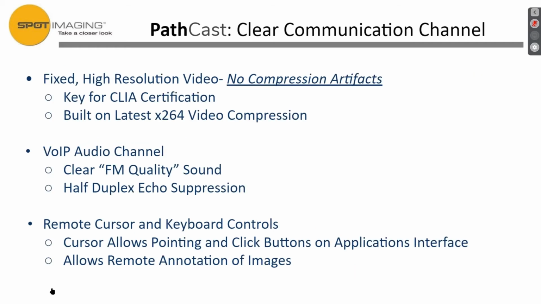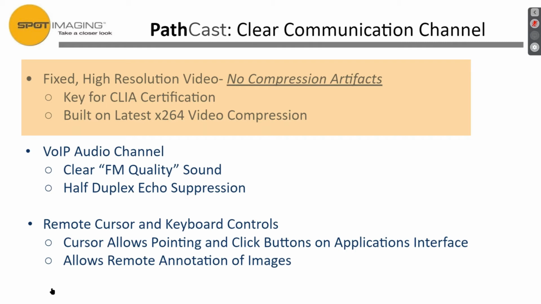PathCast also, we focused in on providing a clear communication channel. We provide a fixed high-resolution video with no compression artifacts. We basically studied it and set our settings there so that you have a nice clean video presentation. We believe this is key for getting your CLIA certification in reality.